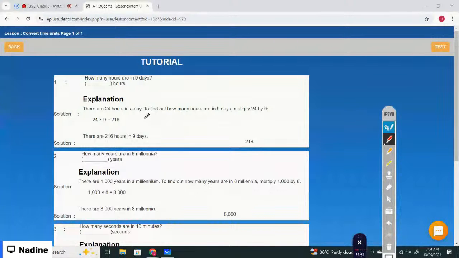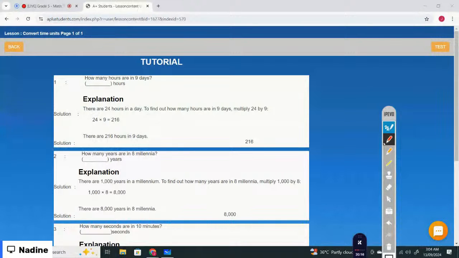So we know that in one day you have 24 hours, right? So to calculate the hours in 9 days, you have to do 24 times 9. So 24 times 9 is 216. That means there are 216 hours in 9 days. So the correct option is 216.